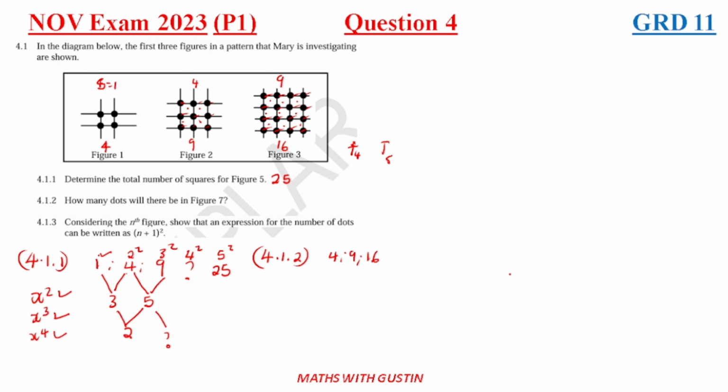So they want us to find how many dots will be there in figure 7. So now, this will be figure 3, therefore figure 4, figure 5, figure 6, figure 7.